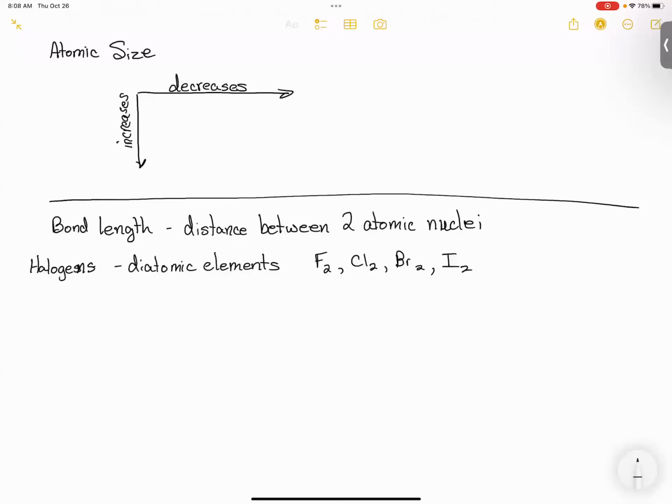And let's look at those to help understand bond length and how atomic size impacts bond length. So with fluorine, fluorine is a fairly small element.